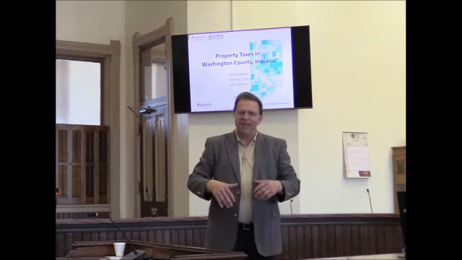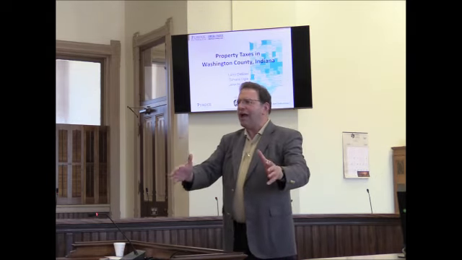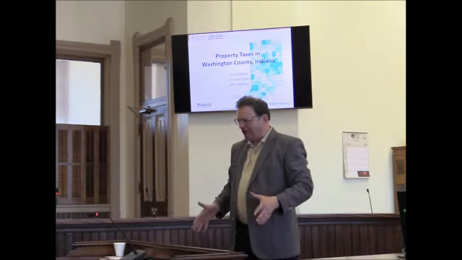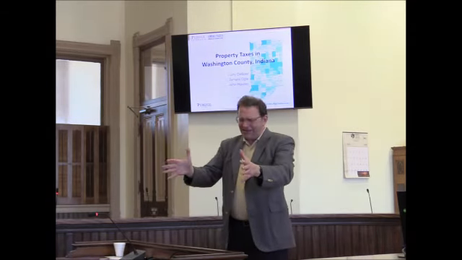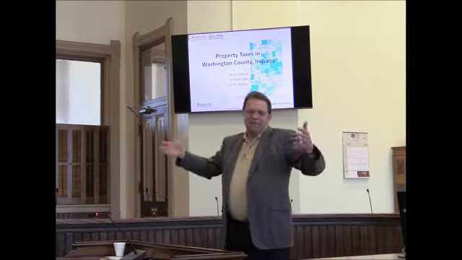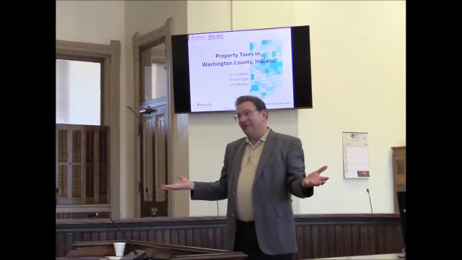If you hadn't drawn that TIF district, the development never would have happened and that assessed value wouldn't be there to tax. Having drawn the TIF district, the development did happen. The additional assessed value is taxed by the TIF district and not by the overlapping units, but the overlapping units are no worse off than they were before.